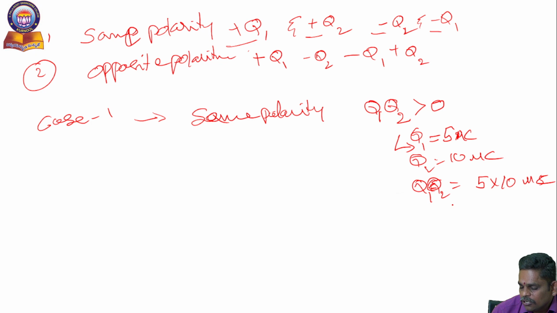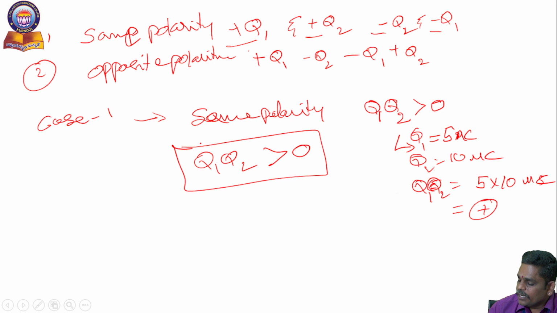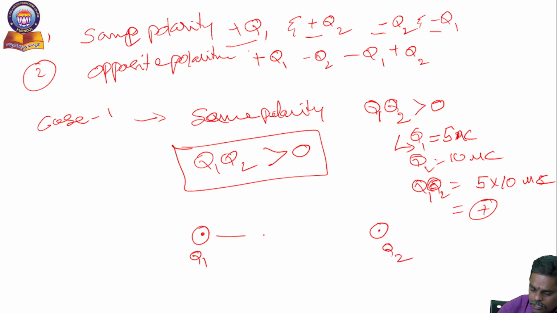Here we get only a positive value, so the Q1 Q2 product should be greater than 0. Then what happens here? P1 and P2 have Q1 and Q2 and the distance is R, and the forces move outward like this.